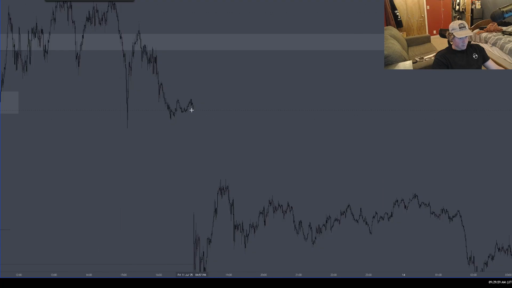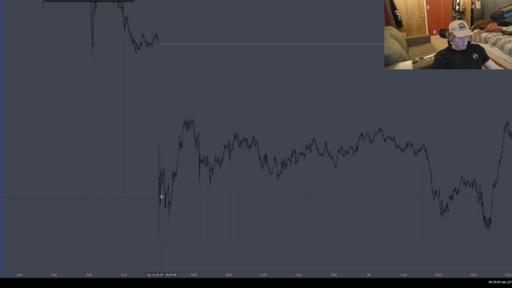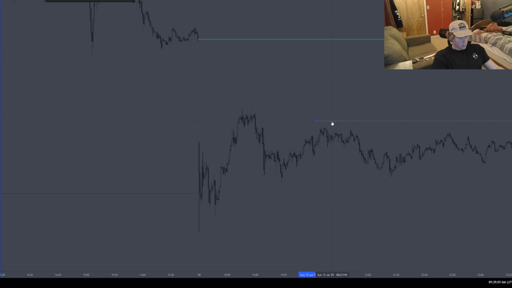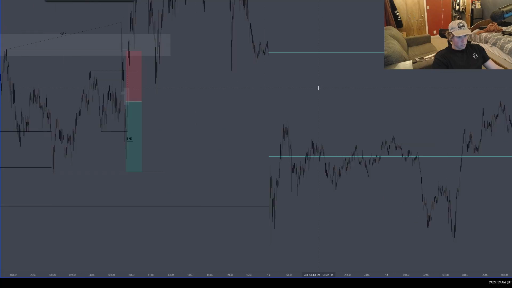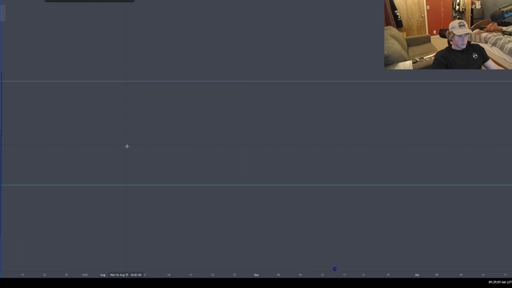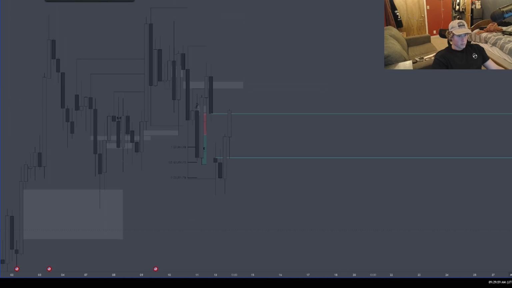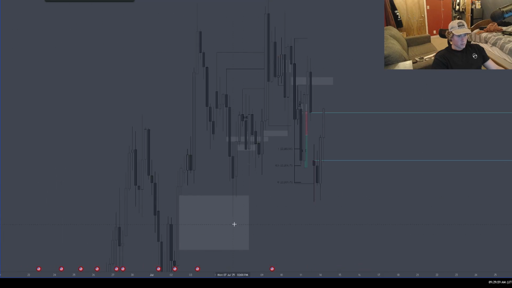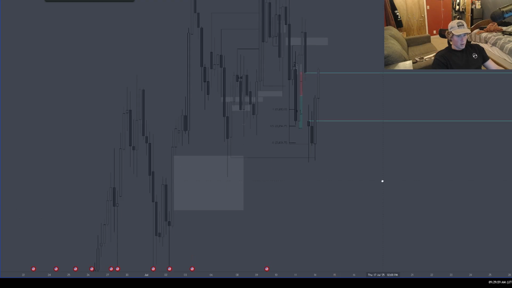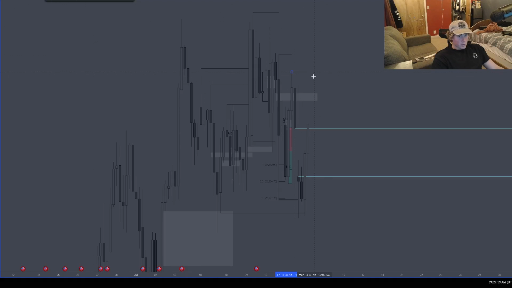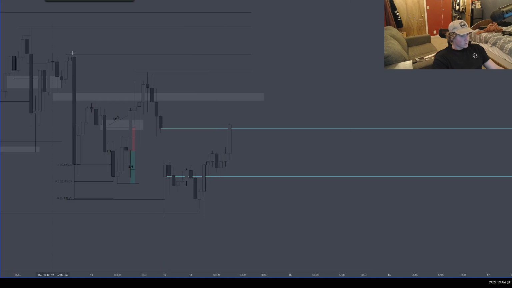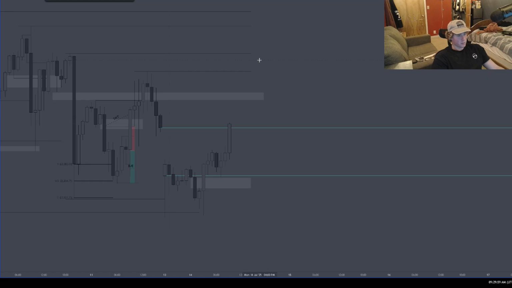New week opening gap. Unfilled BPR. That's a PD array, and then one unfilled 1 hour.